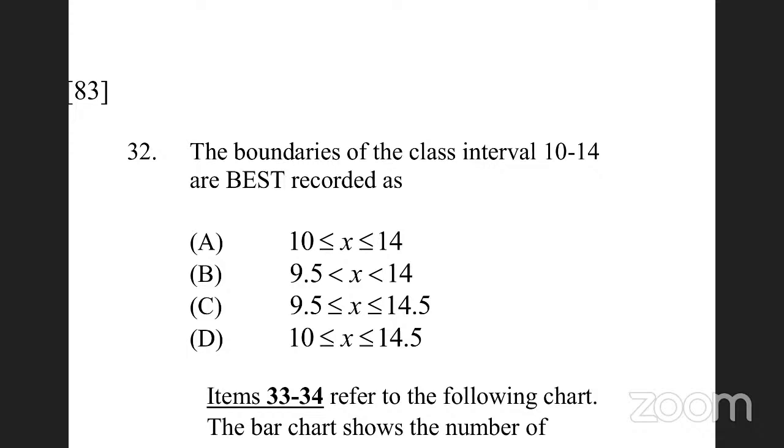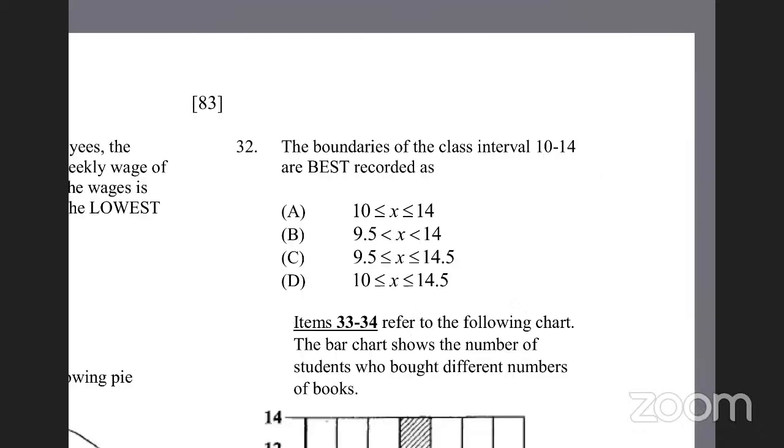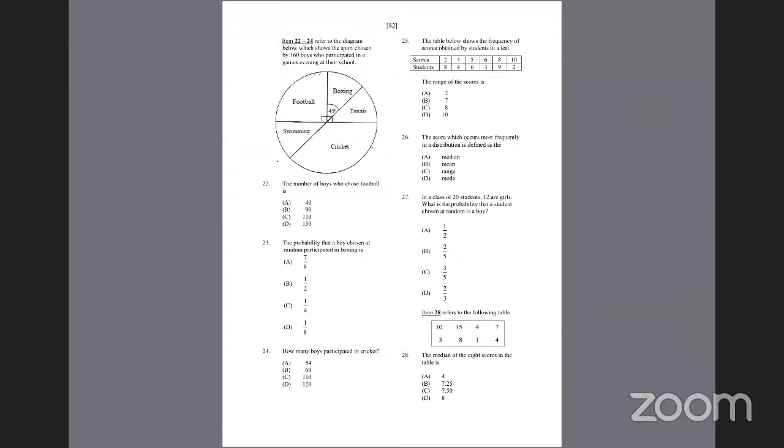A, B, C, or D? C? Well, C is the best answer. I just do like the equal to underneath there. But out of all, that'll be the best answer. All right, nice. Let's go to the real thing now. Paper 2.